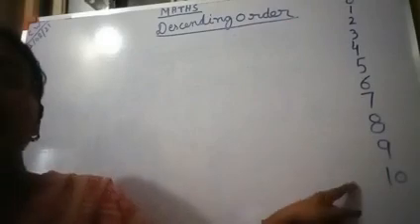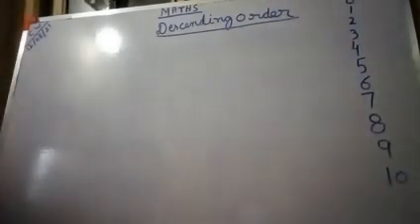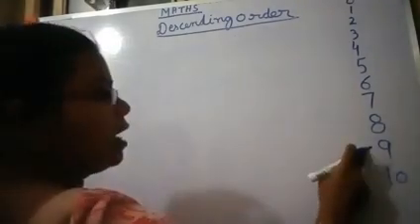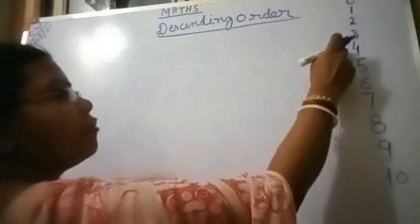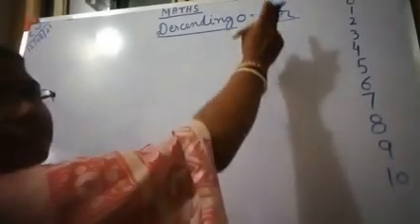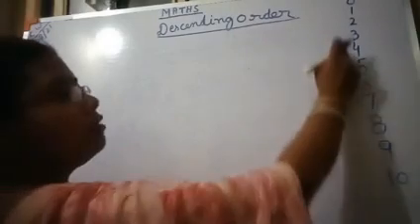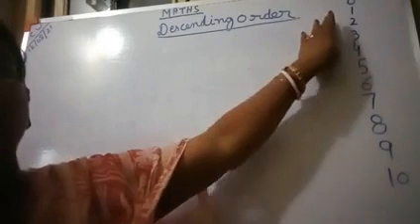But if we count from the back side, 10, 9, 8, 7, 6, 5, 4, 3, 2, 1, 0, it is backward counting, and it is bigger number to smaller number.